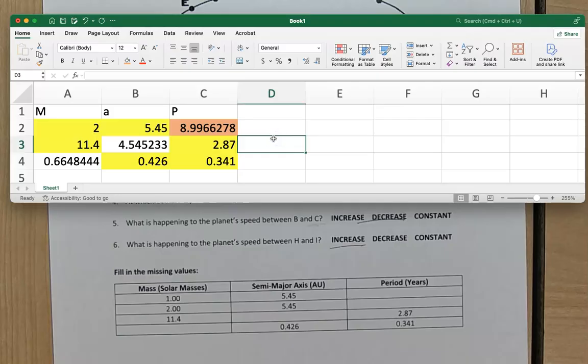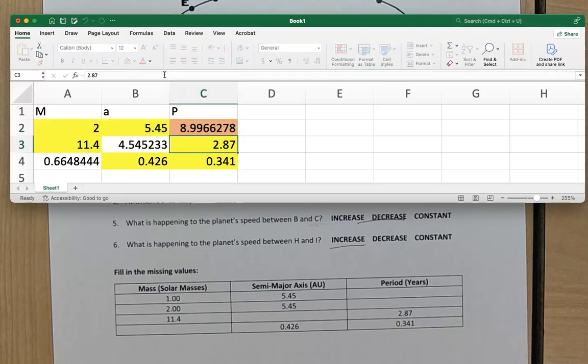Color code it any way you want to. Make the cells one color for the ones that you can change, and then highlight a different color for the cells that you don't want to change because they've already got the equation programmed in. You just want to change the inputs to figure out the answer to your calculation.